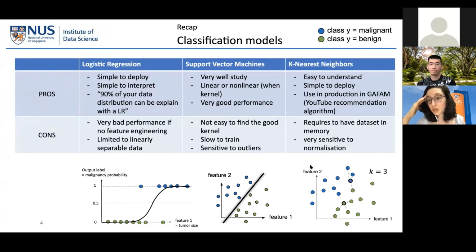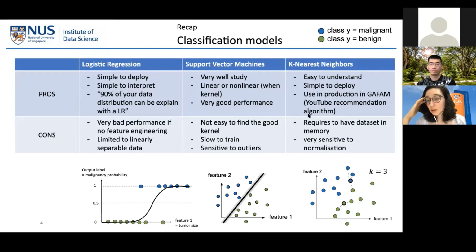But it's usually hard to find a good kernel, and it's also slow to train and sensitive to outliers. It relies on actually one data point to draw the margin, the decision boundary vector.